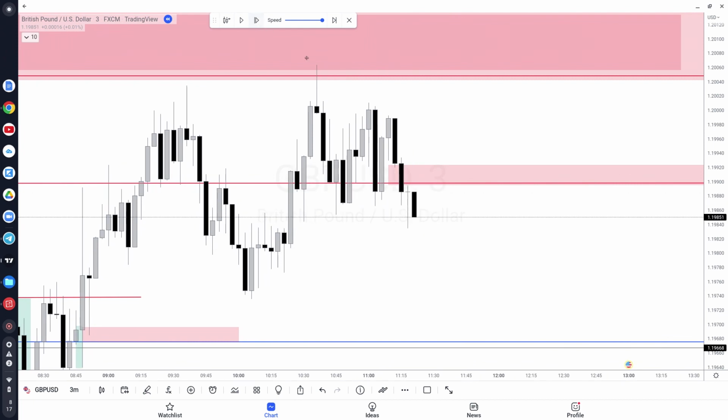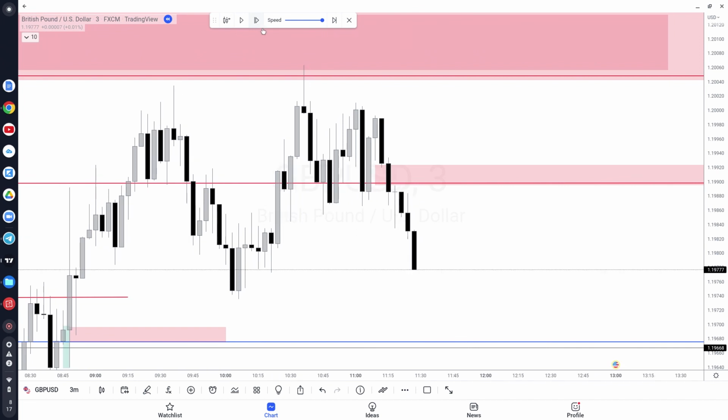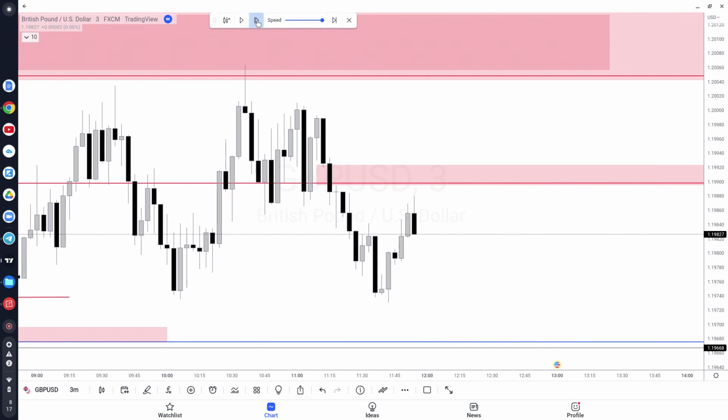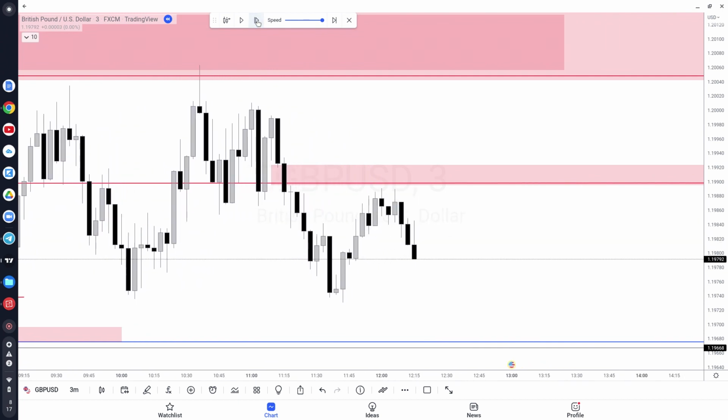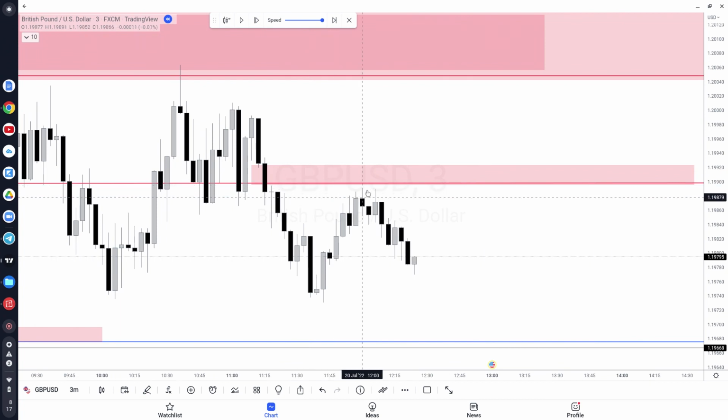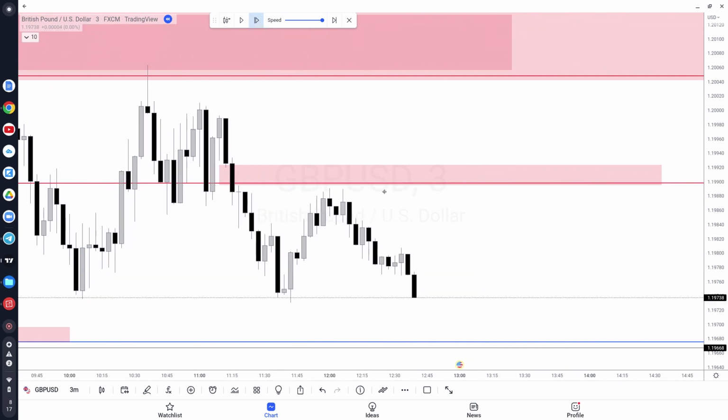All right, this is violated. All right, here's the imbalance that's left behind. So price just fails to sweep, to tap back inside of that imbalance.